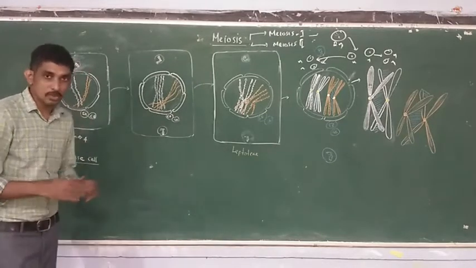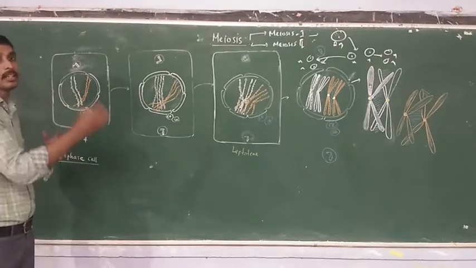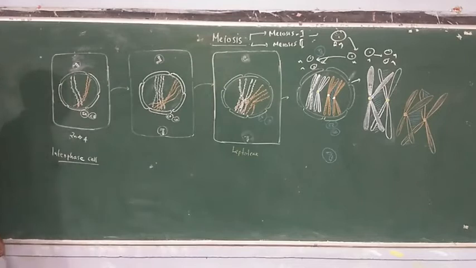Now let us try to understand the details of meiosis 1 and the details of meiosis 2. First of all, let us study the details of meiosis 1. Meiosis 1 is again divided into 4 phases.